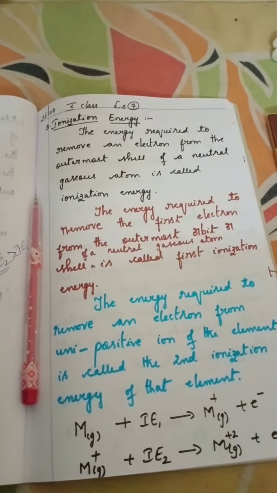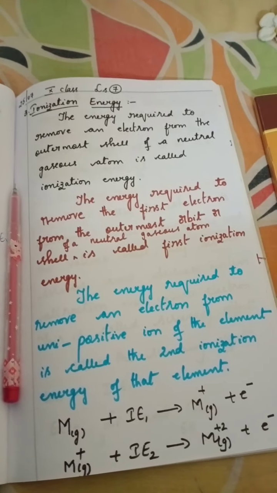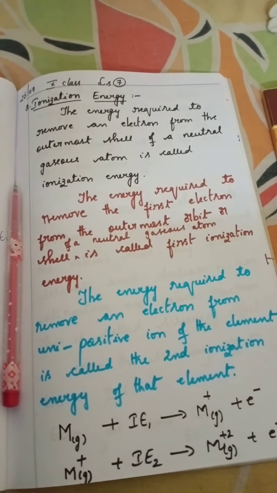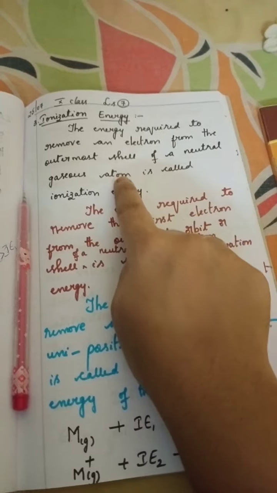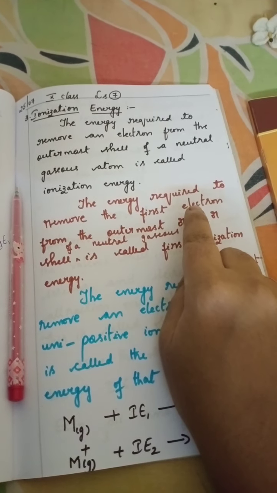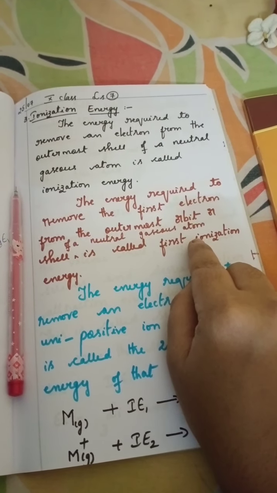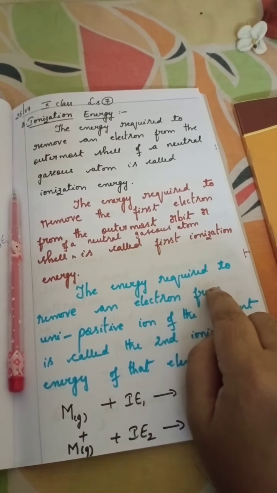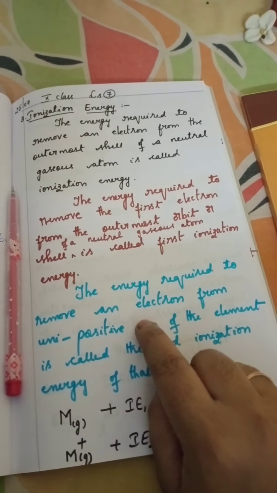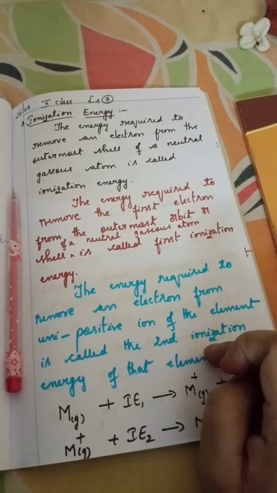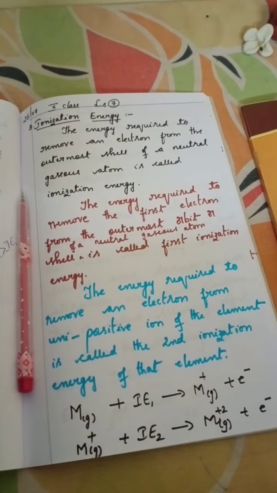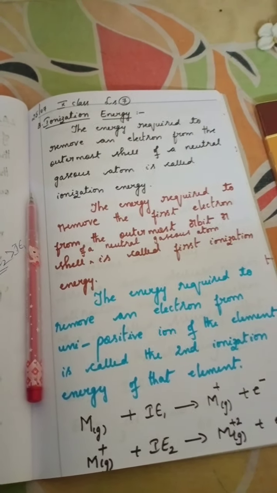Okay, so ionization energy is nothing but the energy required to remove an electron from the outermost shell of a neutral gaseous atom. To remove the first electron is called first ionization energy. To remove the second electron from the unipositive ion is called second ionization energy. Now to remove the third electron, that is third ionization potential, like that.